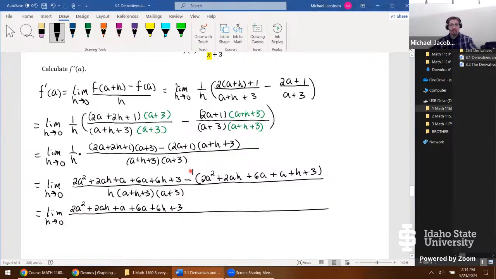Then on this stage, we're multiplying by negative 1, so it'll be negative 2a squared minus 2ah minus 6a minus a minus h minus 3, all of which is divided by h times a plus h plus 3 times a plus 3. Finally, after all that methodical work, we should have some cancellations.